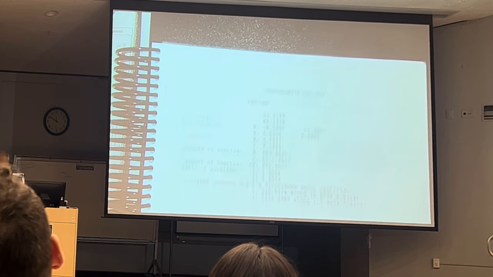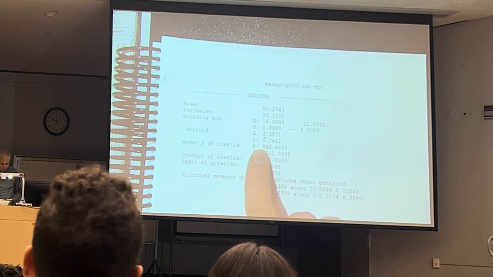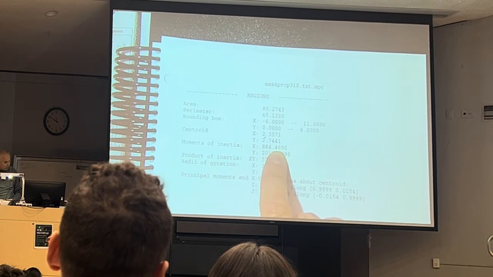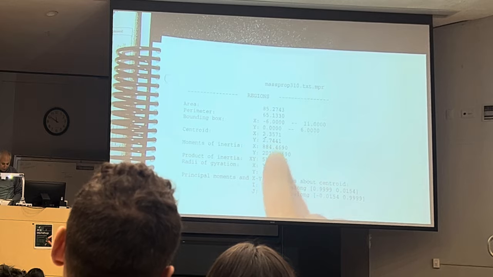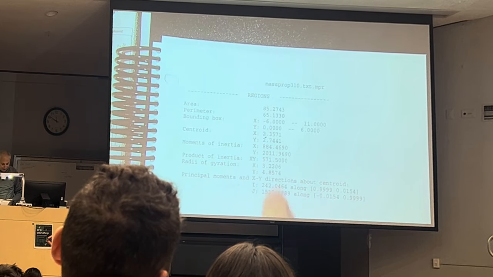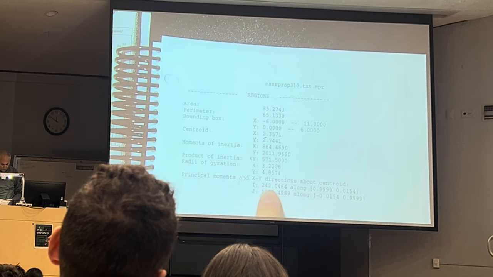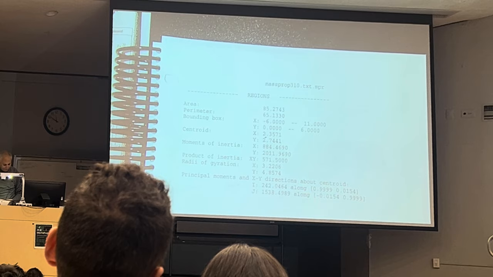Here's your y-axis, 2011.96, we just calculated. There's your x-axis, 884.46. We calculated both of those. It calculates the radius of gyration for you. It calculates the I values, 242.0469.